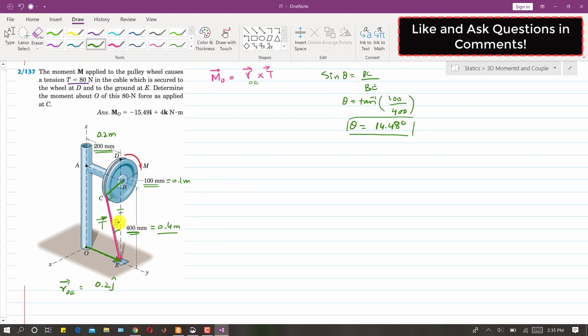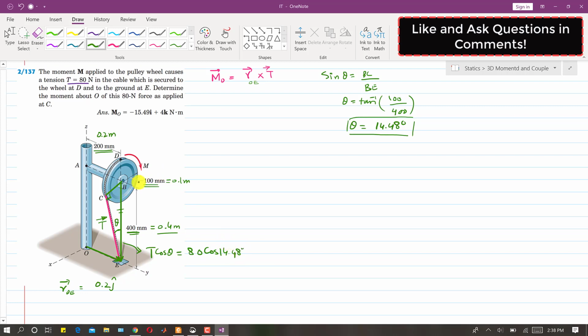Now that we know this theta, we can resolve this T vector into its components. One of the components is directed towards the negative z, and it will be equal to T cos theta, so 80 cos of 14.48 degrees.